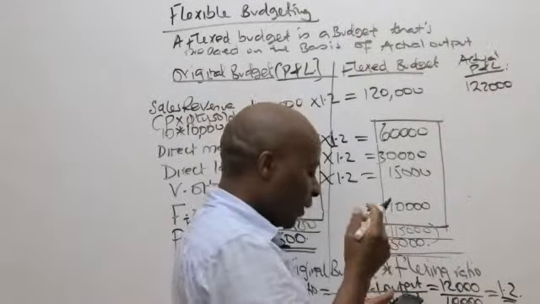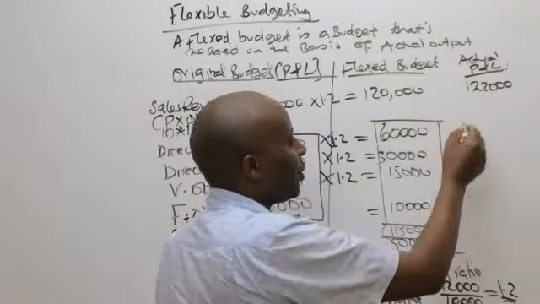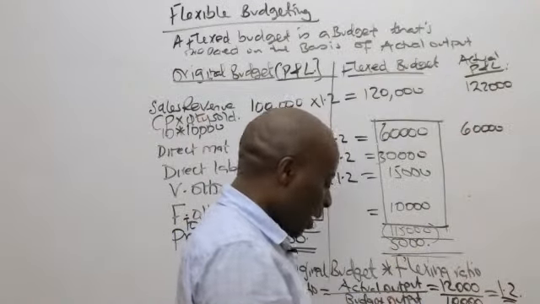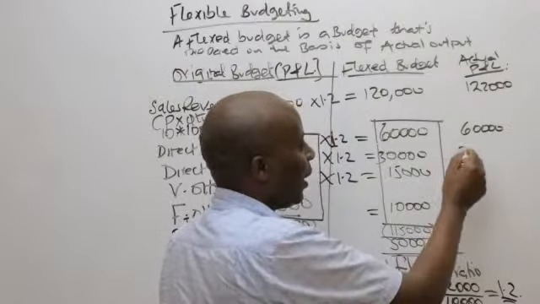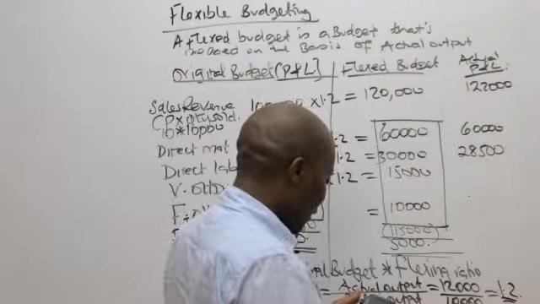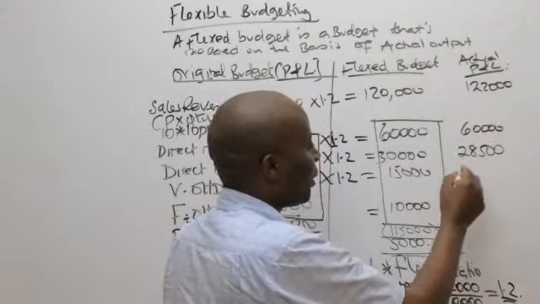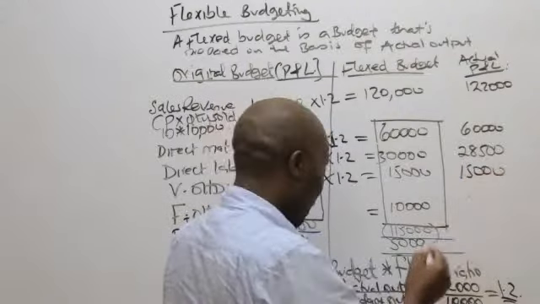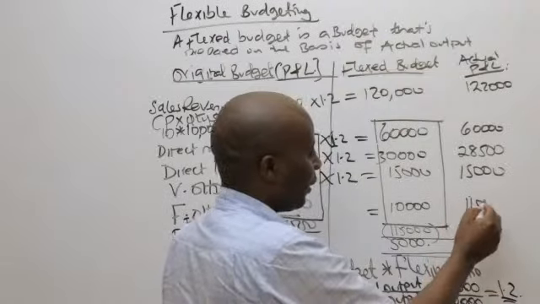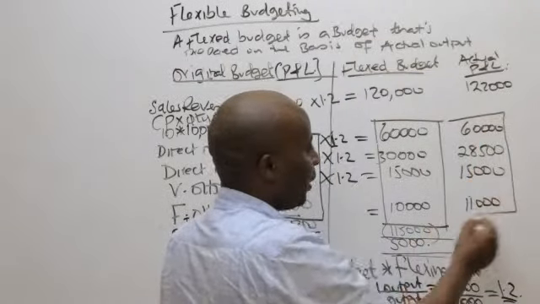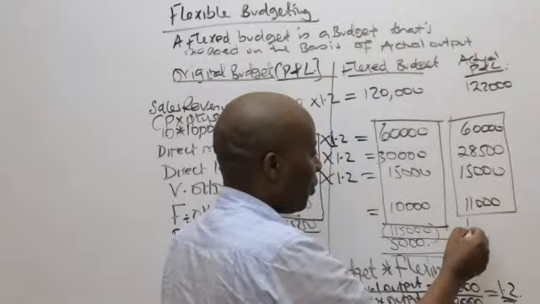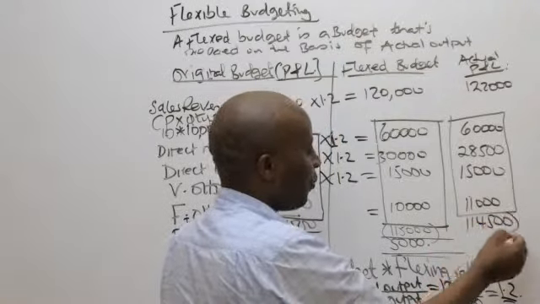And then now we have the actual direct materials, 60,000. Direct labor, 28,500. Then the next one is variable overheads, 15,000. Then the last one, fixed overheads, they have given us a figure of 11,000. And then, ladies and gentlemen, we can see the cost here is 114,500.